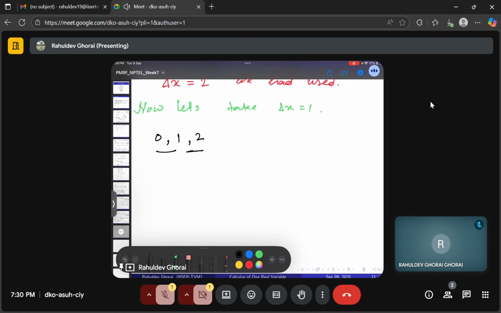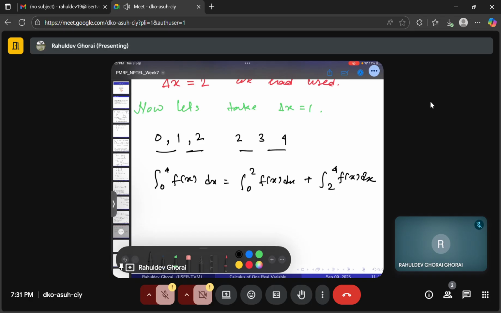Then you have 2 to 3 and then 4, which gives two more intervals. Now 0 to 4 of f(x) dx we can write as 0 to 2 of f(x) dx plus 2 to 4 of f(x) dx. We can do these two and then use this Simpson rule, because now del x is equal to 1.